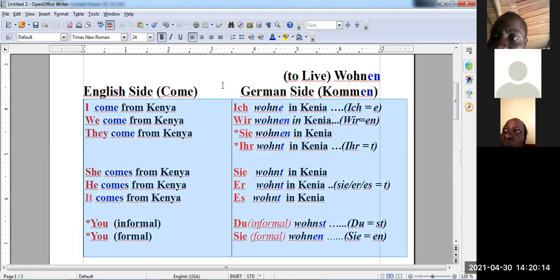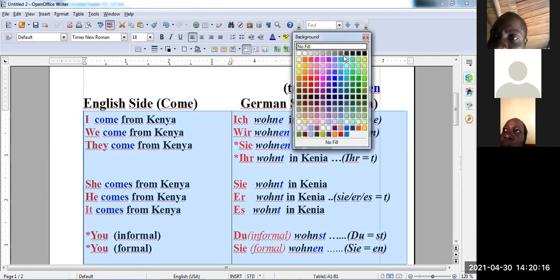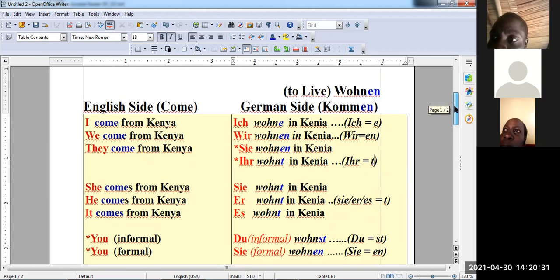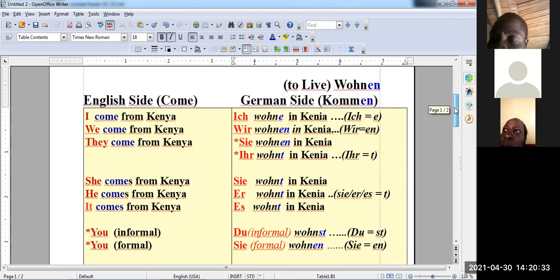Your homework is going to be here. Go through this, and you're going to enjoy wherever we are going. Now, having explained this, and I know you have understood, this is what is called verb conjugation in German.